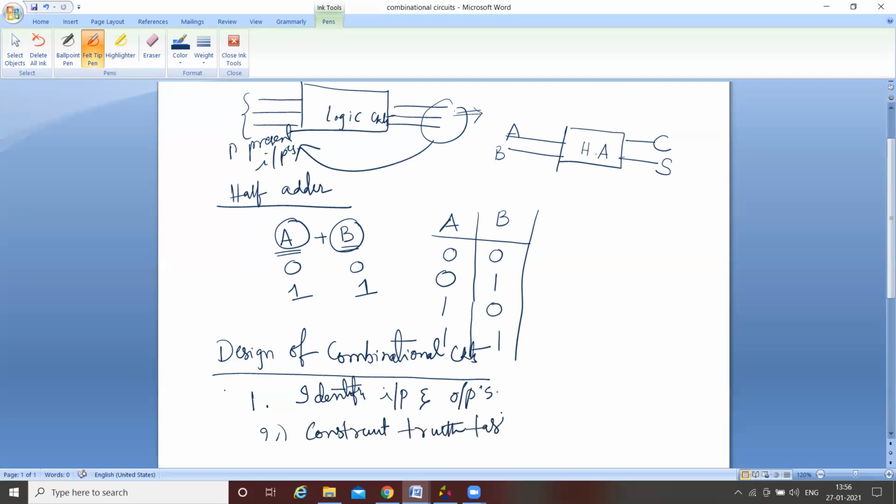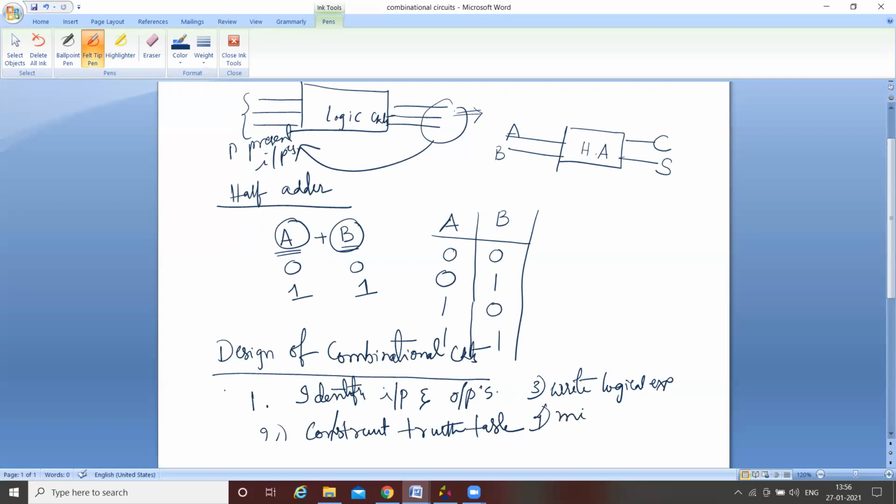Next, third point is write logical expression from the truth table. Next, fourth point is minimize the logical expression.